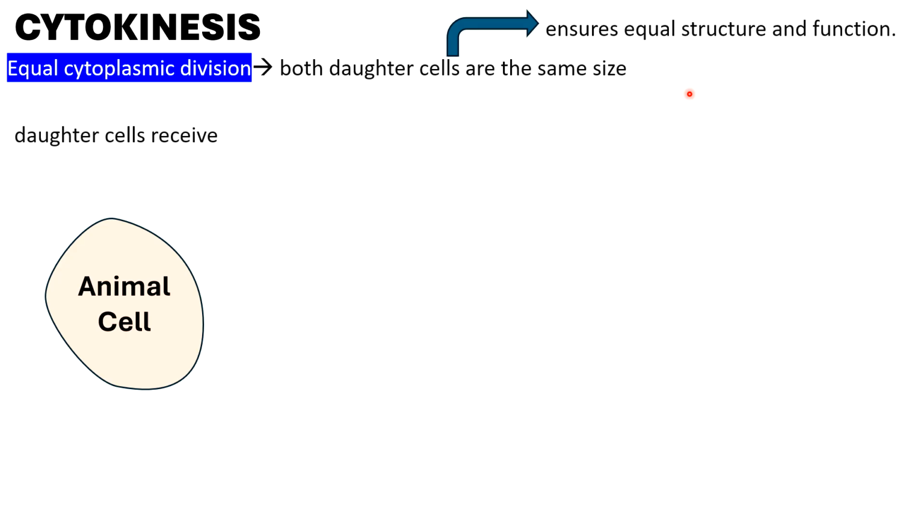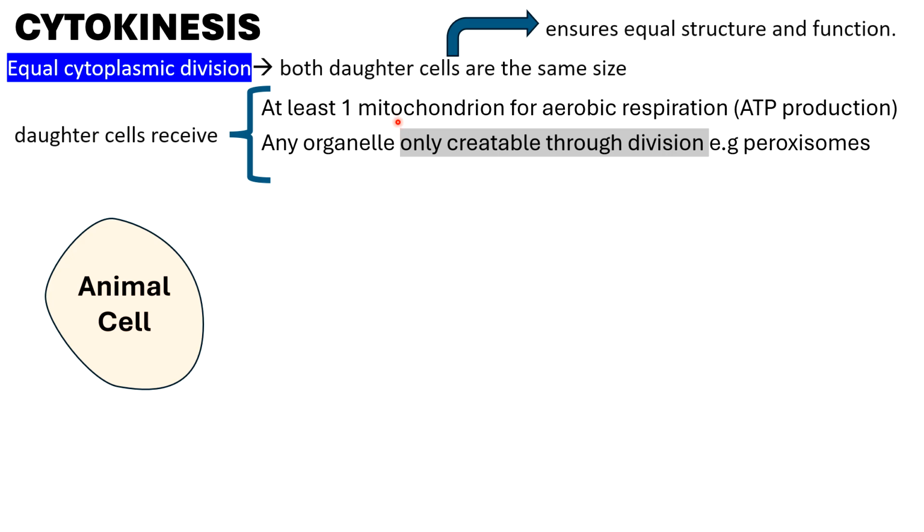Now, both daughter cells will receive the following. At least 1 mitochondrion for aerobic respiration or the production of ATP, okay? Oxygen goes in, CO2 goes out, and then there's also glucose and water involved, okay?